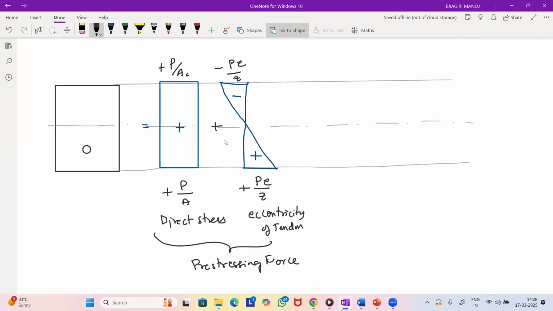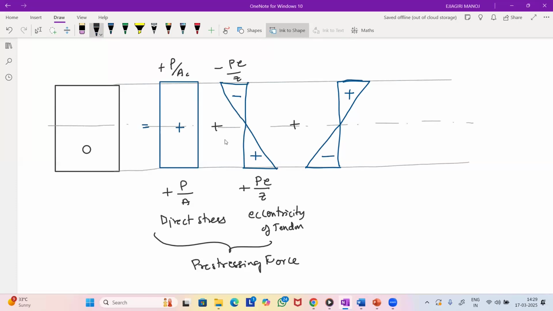Okay, now let us draw the stress distribution diagram for stress due to the self weight. Again, draw a straight line. Here, due to the self weight and the live load, the stress will be positive above the neutral axis and negative below the neutral axis, right? So above the neutral axis it is positive, below the neutral axis it is negative.